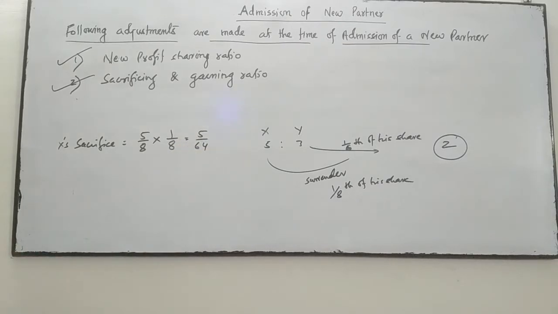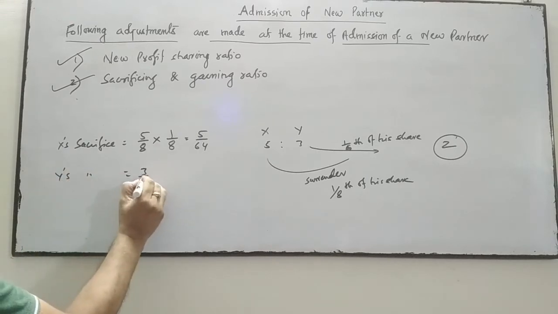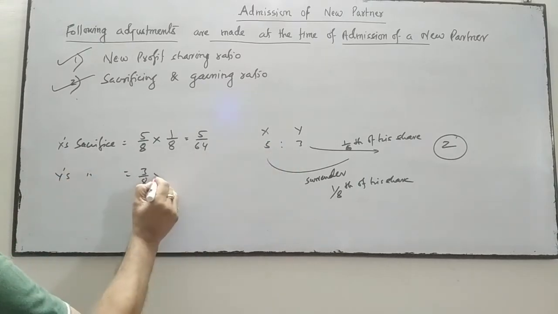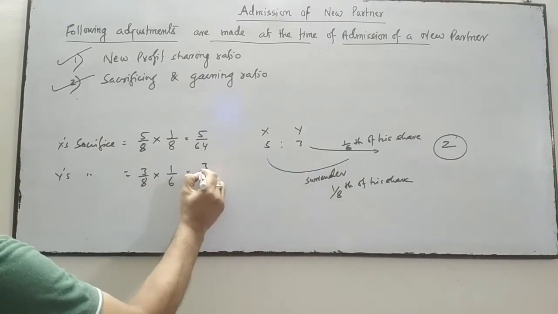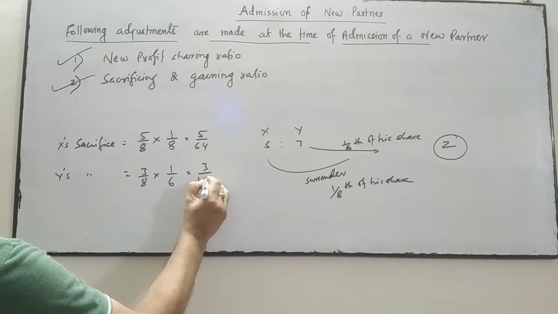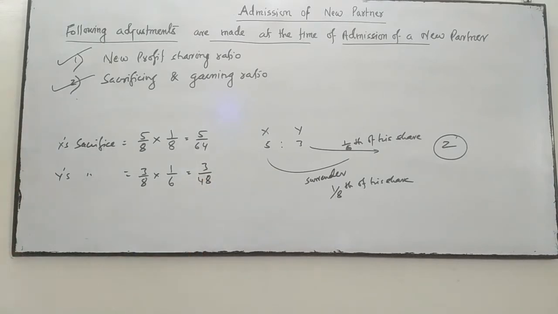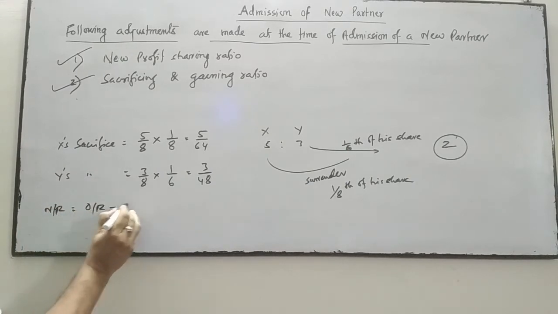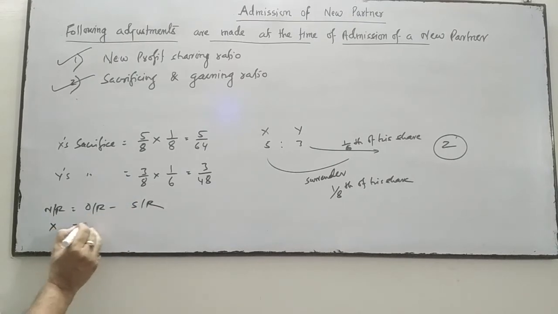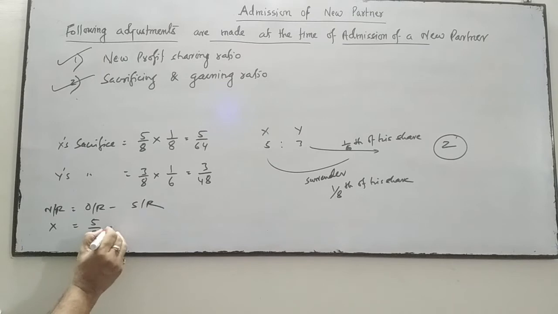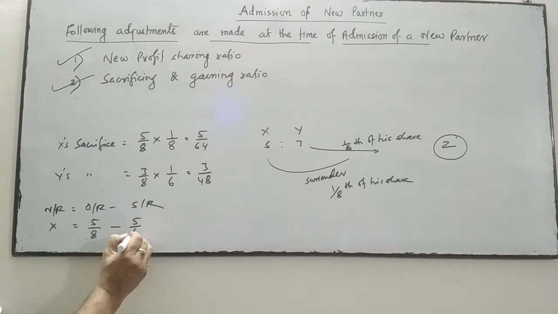He has sacrificed 5/64. Y's share is 3/8, and he has sacrificed 1/6 of his share, so it is 3/48. So the new ratio is old ratio minus sacrifice. X's old ratio is 5/8, and he has sacrificed 5/64.